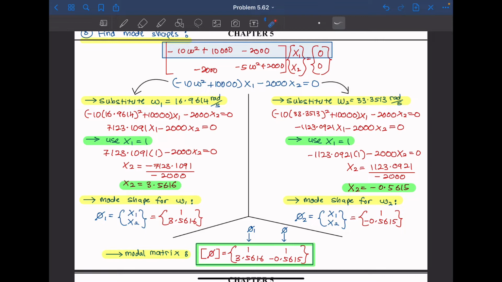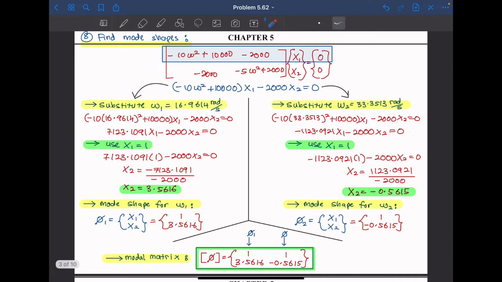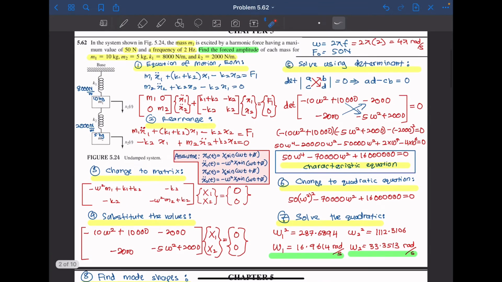But now, modal analysis is we want to change from this system, which is the 2 degree of freedom, into single degree of freedom. What do I mean by that? As you can see from our equation of motion here, in one equation you have two coordinates, x1 and also x2.